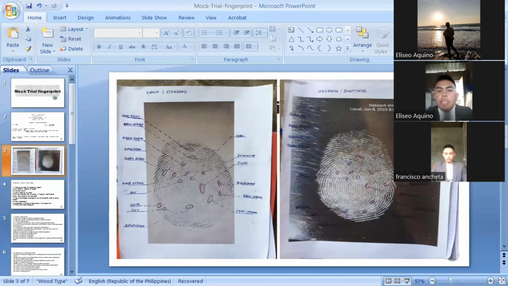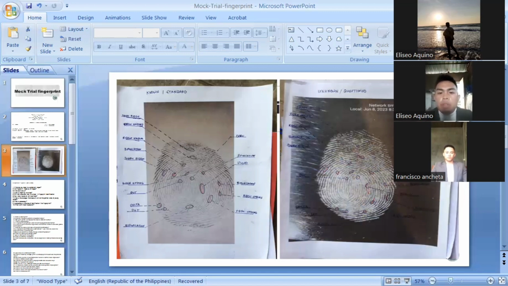The unknown print and standard print, as you can see, have many similarities of ridges. For example, the two prints have the same amount and place of bifurcation, dot, ridge ending, delta, core, short ridge, and island.